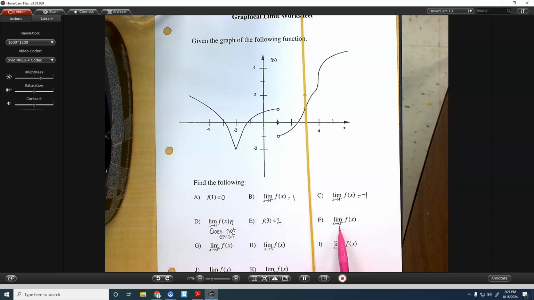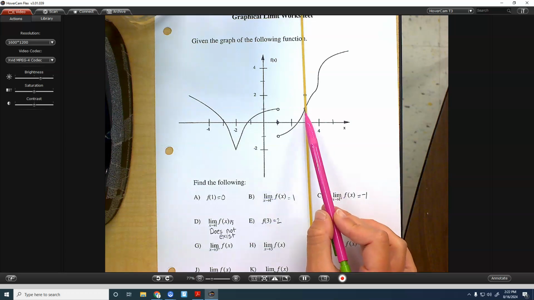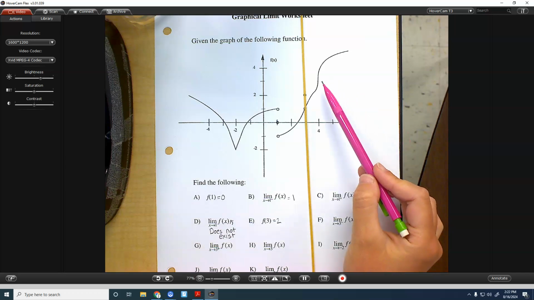What about the limit as x approaches 3 from the left? So from this side. What is that going to be? It's 1. Because remember, it's okay that there's a hole there. It's just what we're getting closer and closer and closer to. What about from the right-hand side?